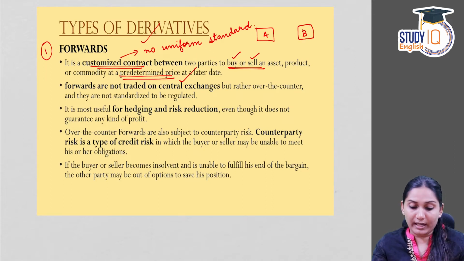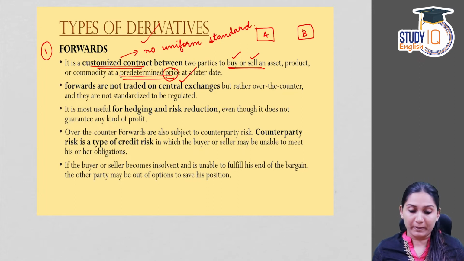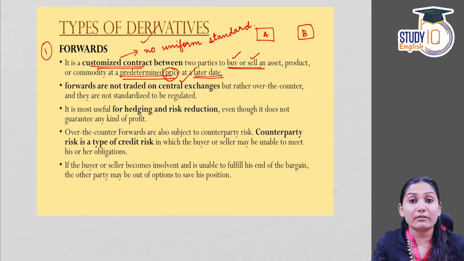What is the contract? It would be to buy or sell a commodity. A can be the seller or the buyer, or the other way. It can be an asset, a commodity or a product. The price at which the purchase and sale would take place would be predetermined, and for a predetermined day, that is, on a later date.